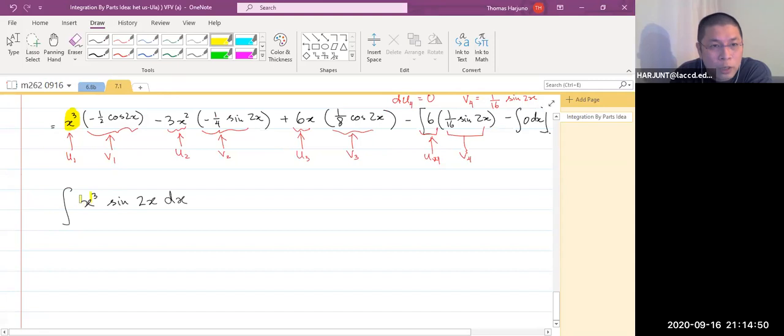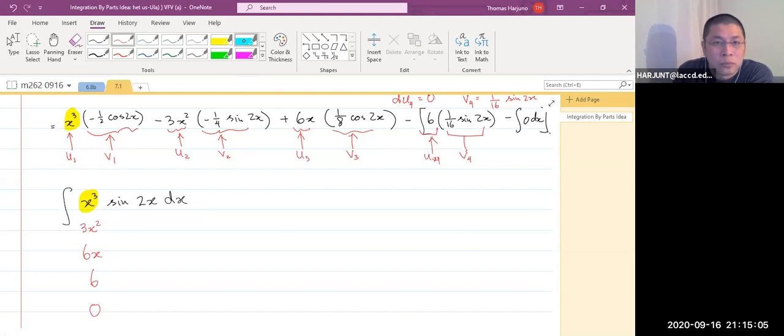This is my u, right? You keep on doing the derivative. 3x squared, 6x, 6, until you get 0. This is my dv1.